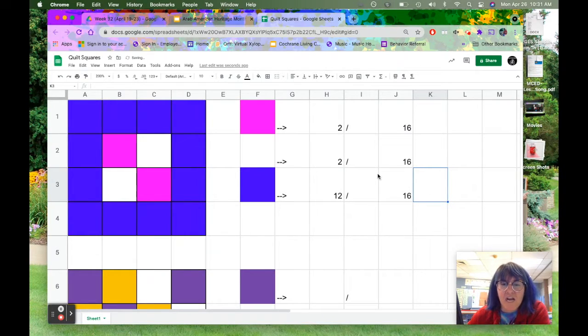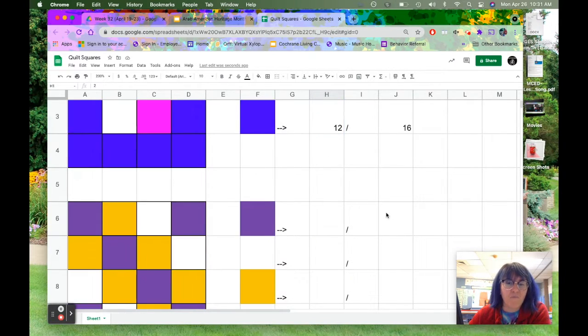That's right. We know we're right because all of our parts, when we add them together, should add up to 16 because there are 16 pieces in all. And 12 plus 2 is 14. And 14 plus 2 is 16. So we know we counted correctly.